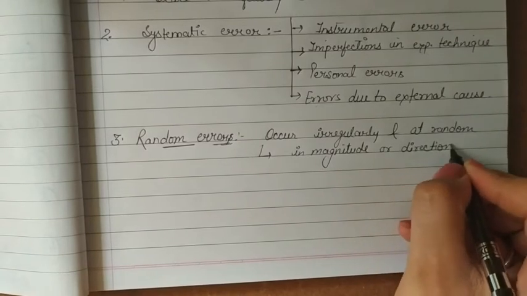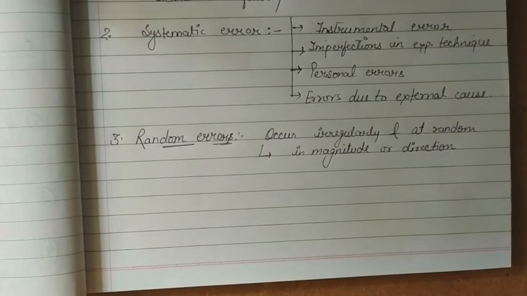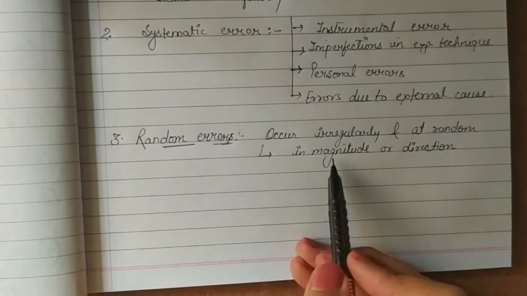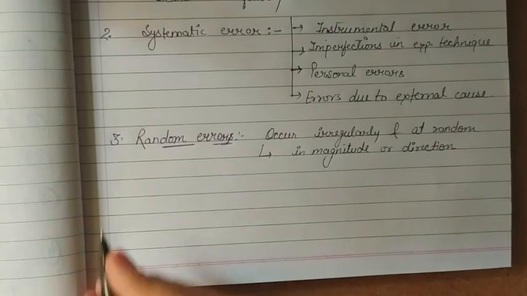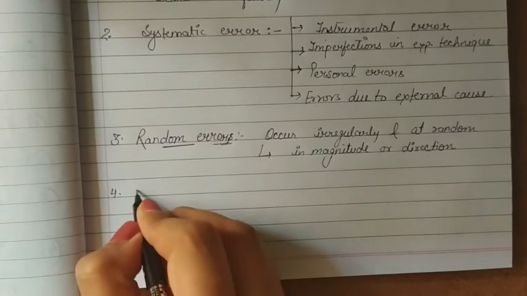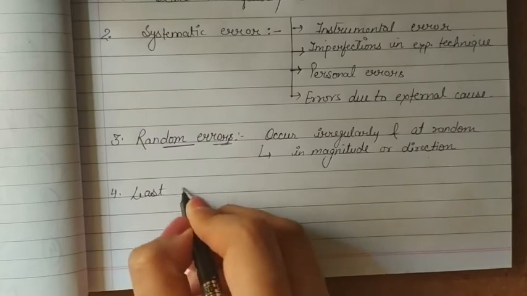In both cases, these errors are completely irregular and random. If we talk about magnitude or we talk about direction, in both cases these are irregular, then such errors are called random errors. The next error that we can get is the least count error.